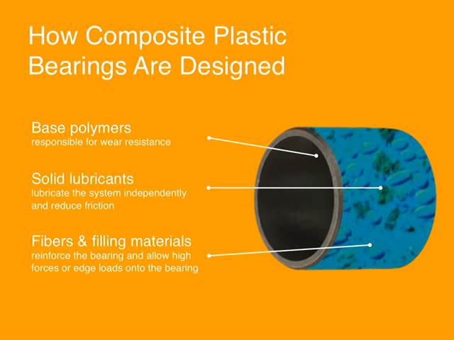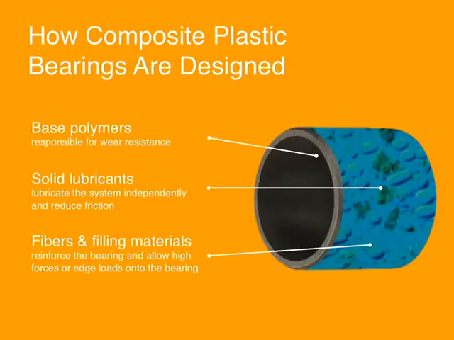At Igus, we aren't necessarily inventing new plastics, but we are developing new plastic compounds that are specifically and specially formulated for bearing applications. Not only linear bearings, but we also make materials that are suitable for rotary and pivoting applications as well.